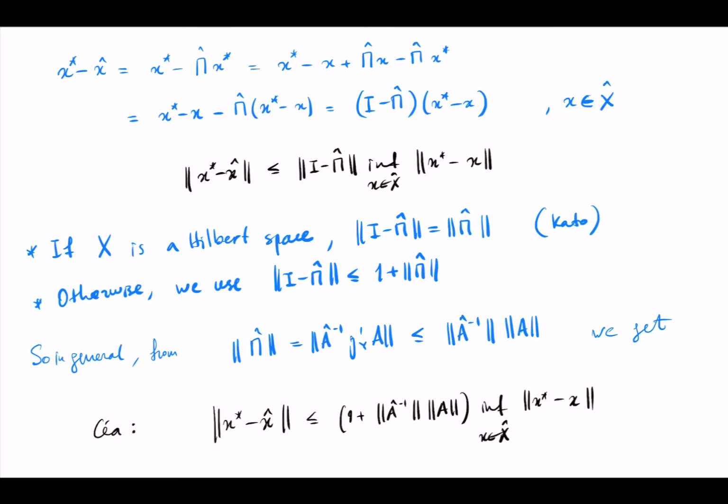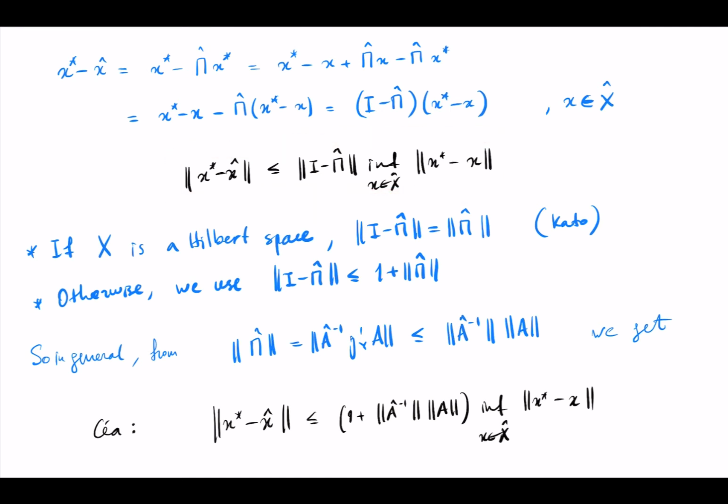Okay, so we group them this way, and we can see that this is actually equal to the identity minus the Galerkin projector applied to the exact solution minus this arbitrary element. And because x is an arbitrary element, we will immediately get this bound.